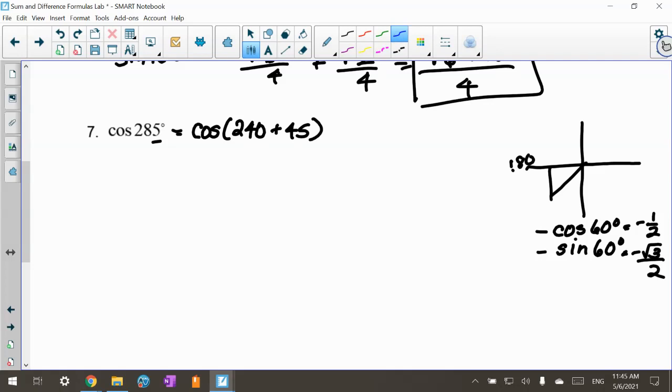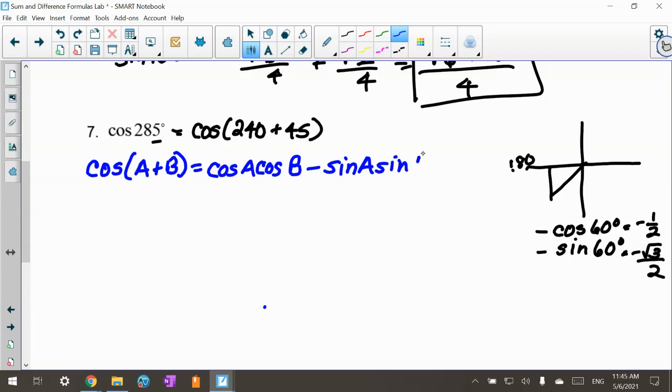So here I'm going to do the cosine of a plus b. So I'm going to write the formula here. It is the cosine of a, cosine of b, minus the sine of a and the sine of b.